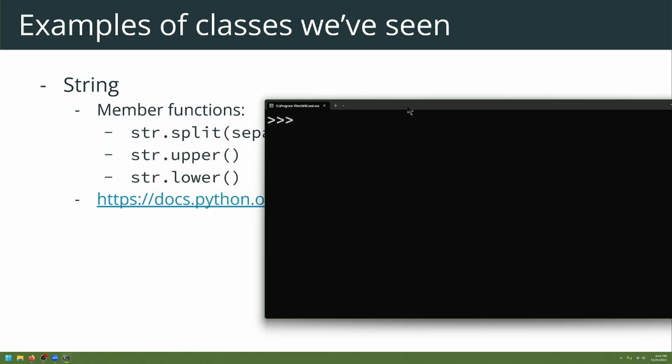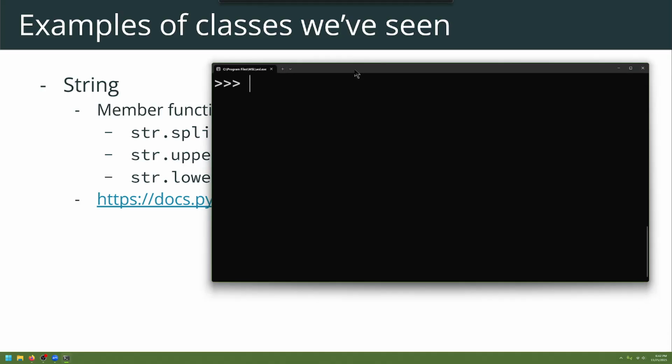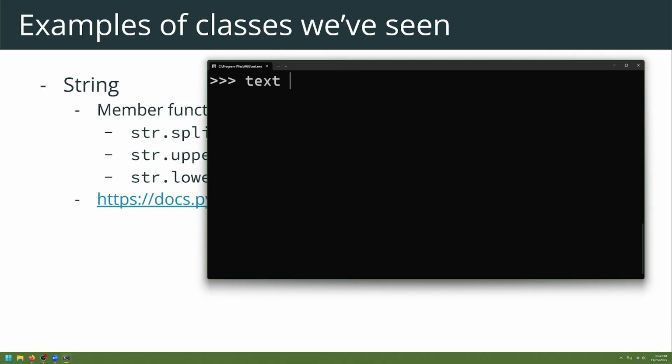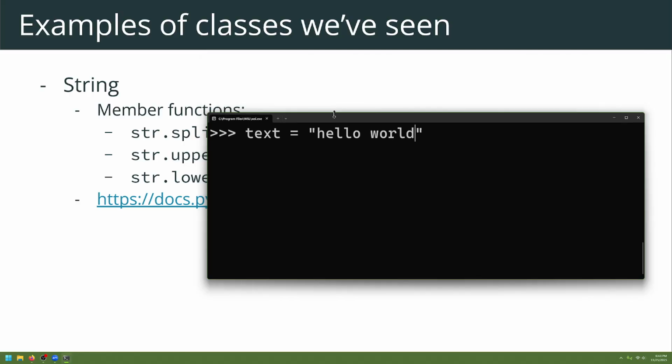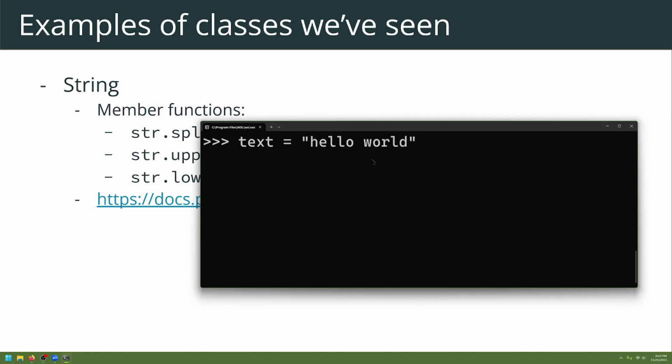Okay. We've seen strings as classes. For example, if I create a text and set it equal to "hello world" and press enter, text here is an object. It's an object from the class string.